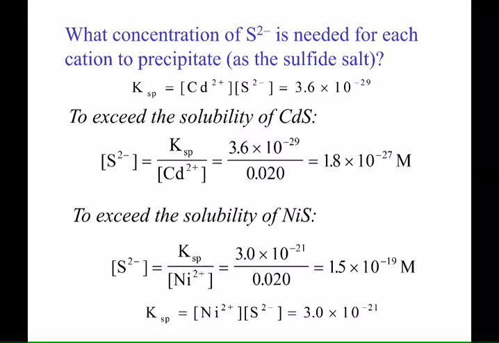In this case, the sulfide ion concentration is equal to 3.0 times 10 to the minus 23rd, the KSP, divided by 0.020 moles per liter, the molar concentration of the nickel 2 ion that you were dripping sulfide ion into. So the threshold, the sweet spot of your sulfide ion, needs to be at least 1.5 times 10 to the minus 19th or greater.